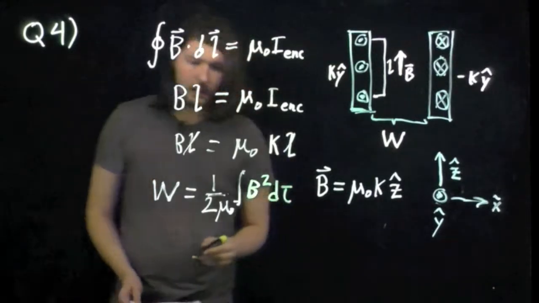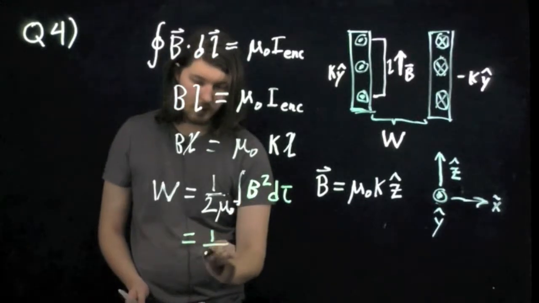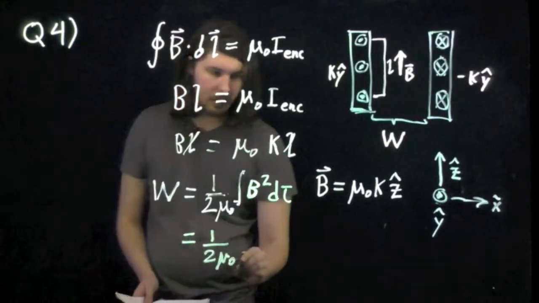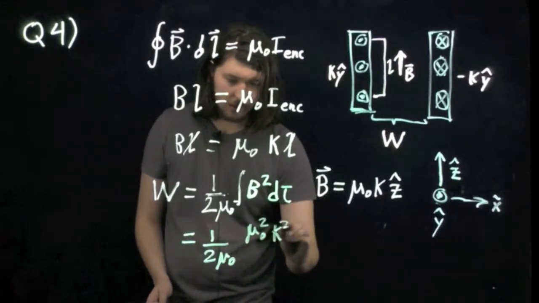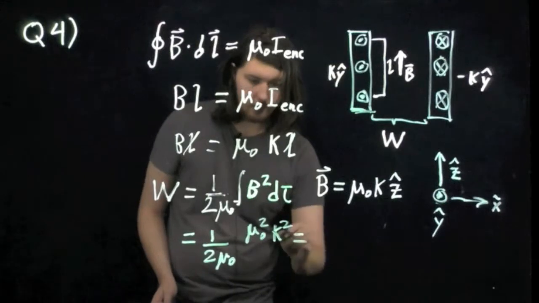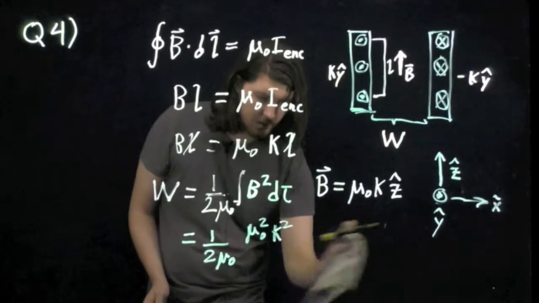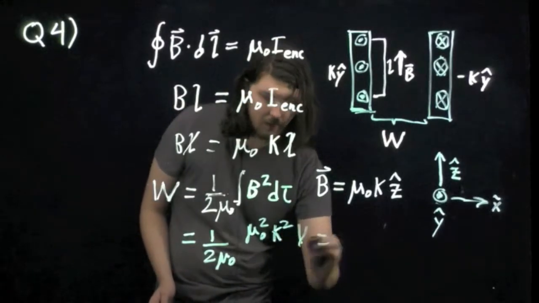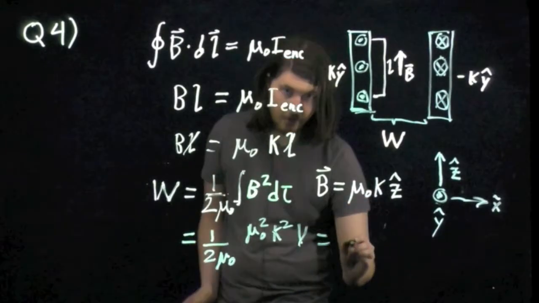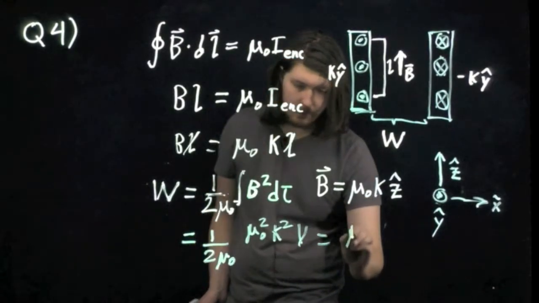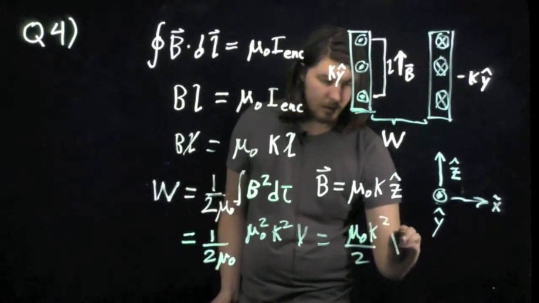B squared d tau. Now this simplifies down to 1/2 mu naught squared K squared times some volume term, which I forgot right here, which then leads to a total work done of mu naught K squared over 2 times the volume.